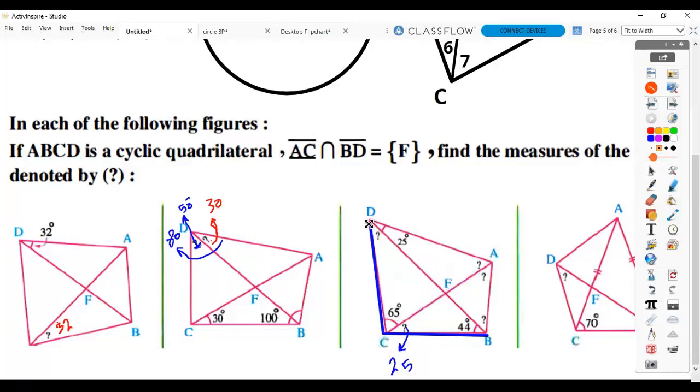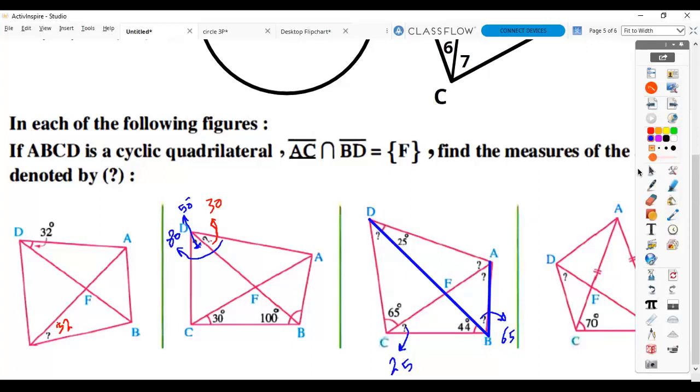And if I go to the 65, subtended by AD, with it, this one. So this one also 65.